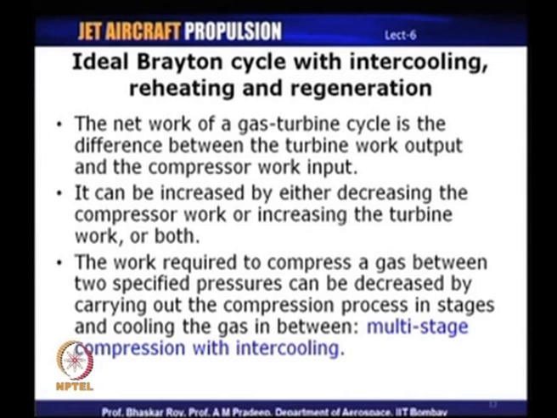So, multi-stage compression with intercooling is one of the options of improving the performance of an ideal Brayton cycle, that is by applying cooling. Basically, we split the compression process into different stages, and then between these stages we apply cooling, so that the subsequent stage has to do less work as compared to a single compression between the entire pressure range.